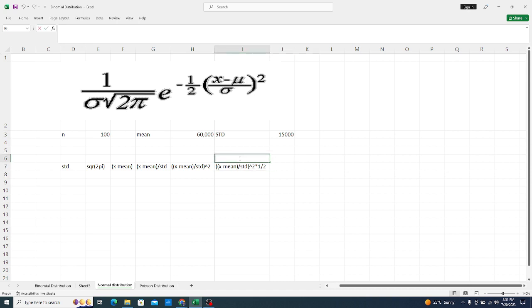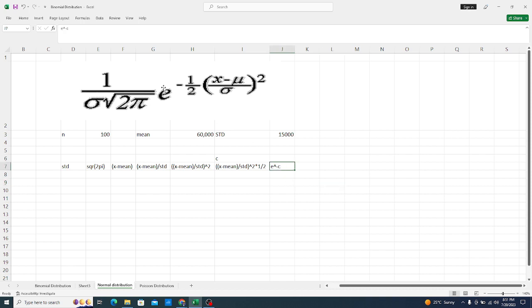Let's call this c, let's call this formula c. After that you will be able to find the exponent raised to power negative c.